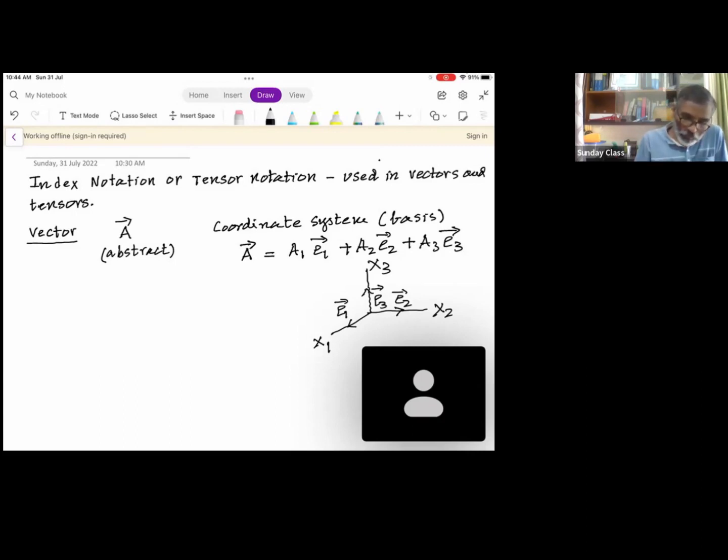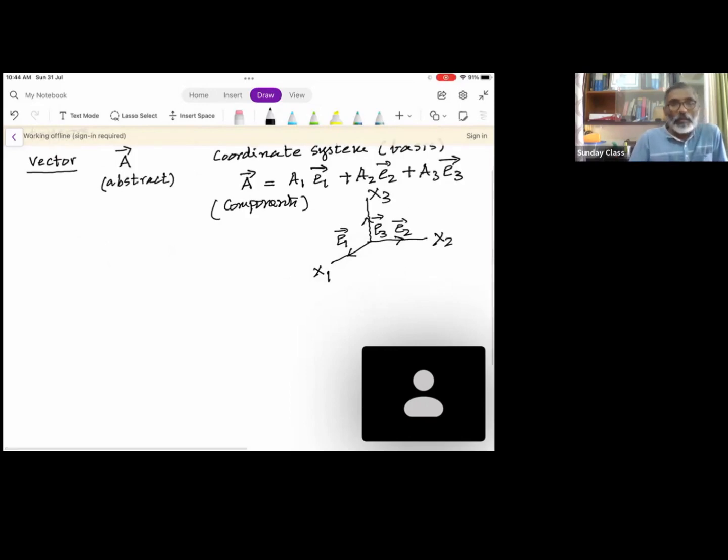These are called components. Components can be written only when you choose a basis. Now, we have three components because we are choosing a three-dimensional space.